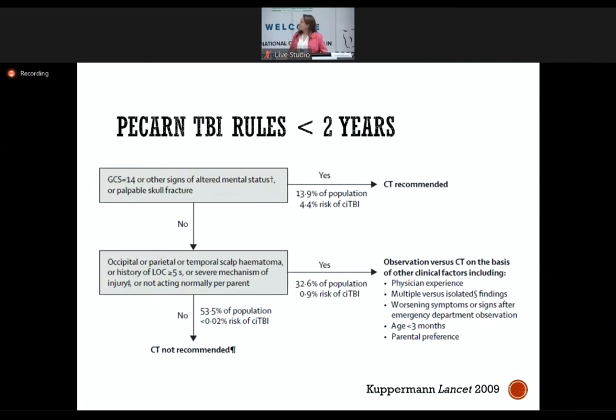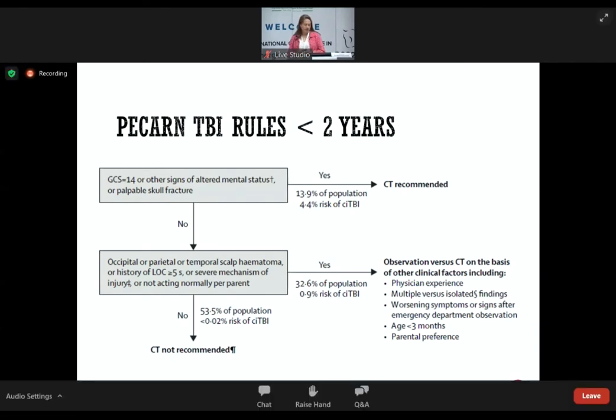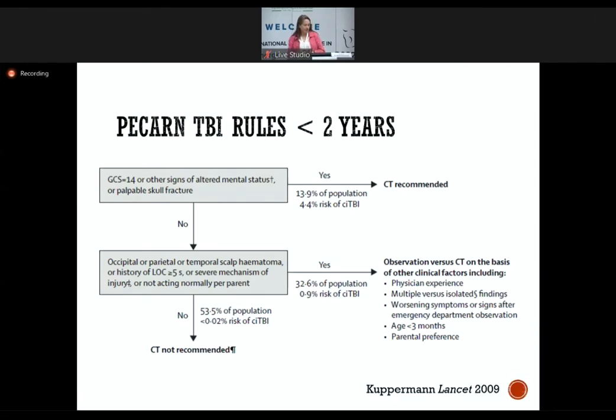So the 2 high-risk factors are GCS less than 15, or other signs of altered mental status, or palpable skull fracture. And in that group, that was 13.9% of the population and a 4% risk of clinically important traumatic brain injury. The other 4 middle risk factors were a non-frontal hematoma, an LOC of 5 seconds or more, severe injury mechanism, or not acting right.